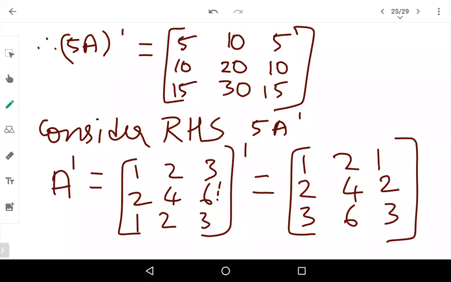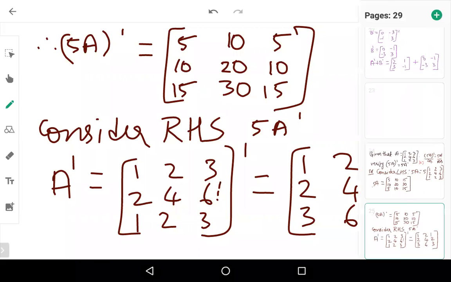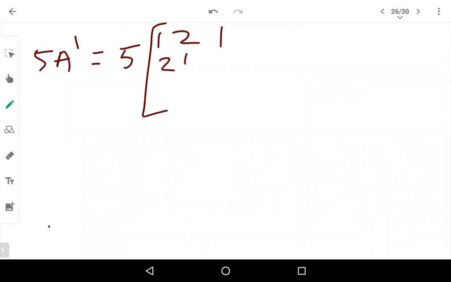Okay. Now let us multiply 5 for this A transpose and let us verify if both of them are same or not. So next is 5 into A transpose, which is nothing but 5 into, what is A transpose? 1, 2, 1, 2, 4, 2, 3, 6, 3.